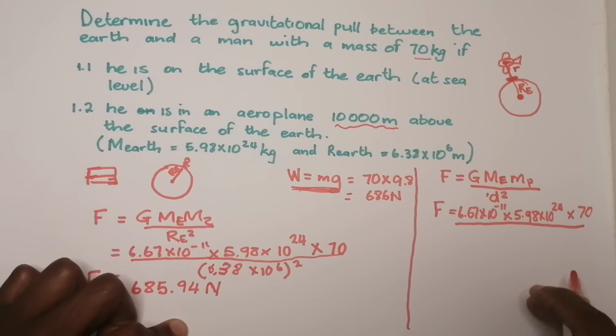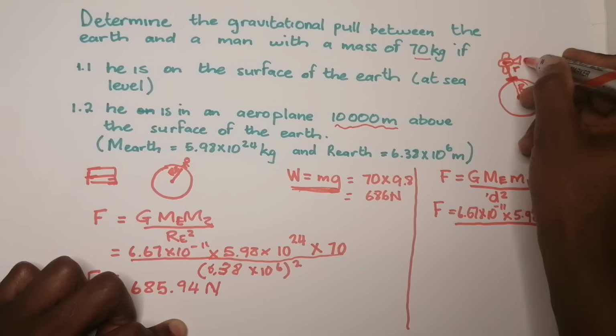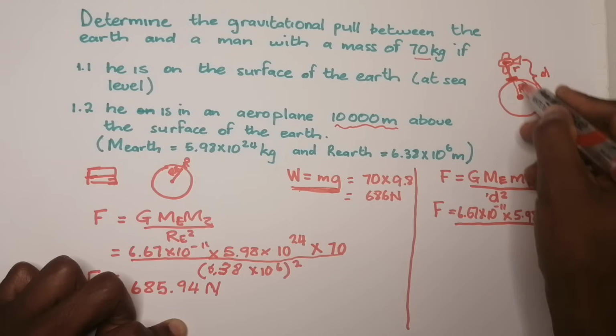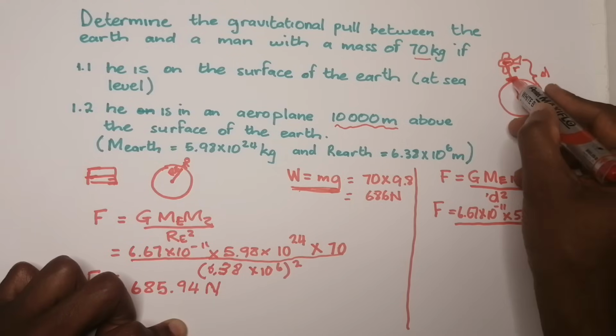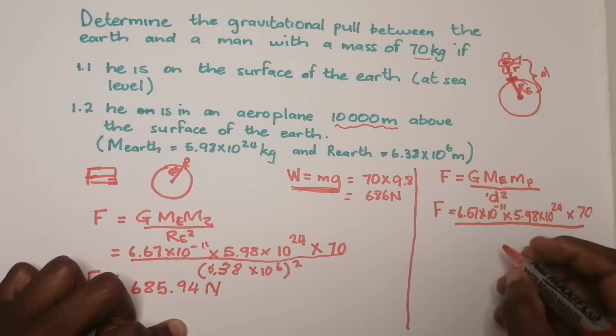So note in this case, it means that d, the total distance, will be the radius of the earth plus that distance that we are given above the surface of the earth.